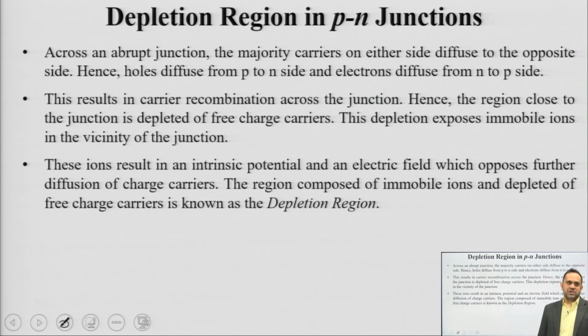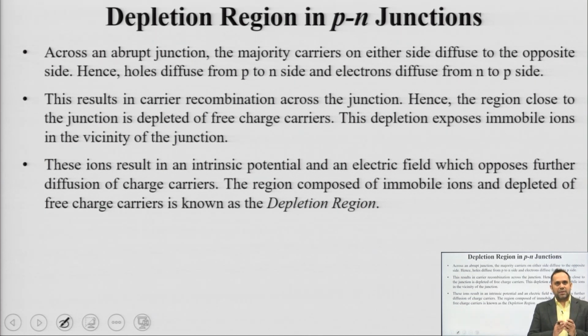Whenever this diffusion occurs, at the junction these charge carriers meet, and whenever an electron meets a hole, it recombines, it annihilates, and the charge carrier is lost. So, just at the region very close to the junction, there is going to be a very high level of recombination of charge carriers taking place. So, a lot of charge carriers will recombine with each other.